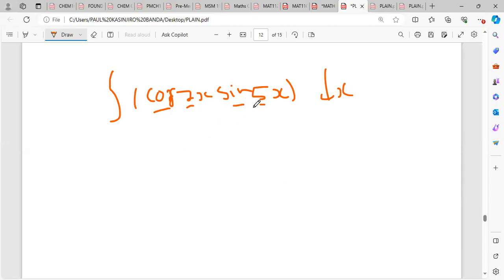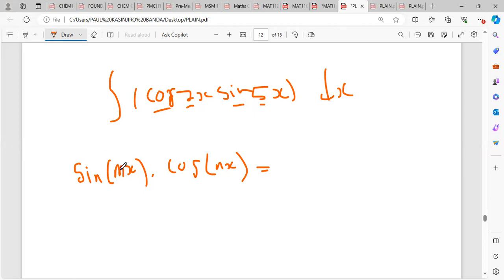So to differentiate this, you say that sine nx multiplied by cos nx should be equal to, the one has to be m, so this one should be m.